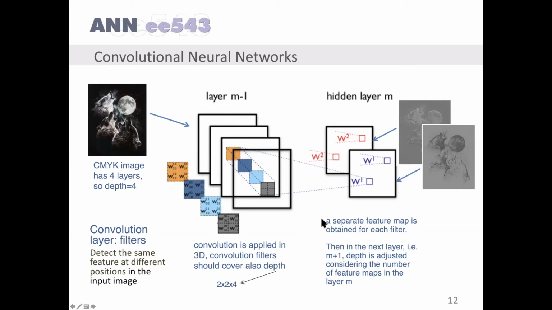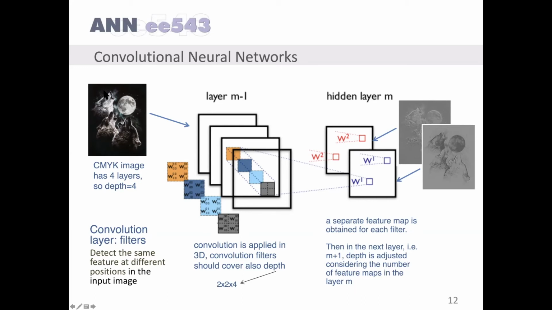If we are using more than one filter, then a separate feature map is obtained for each filter. In the next layer, that is the layer n+1, that is adjusted considering the number of feature maps in the previous layer.